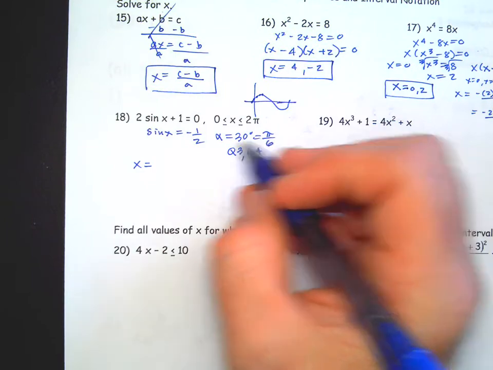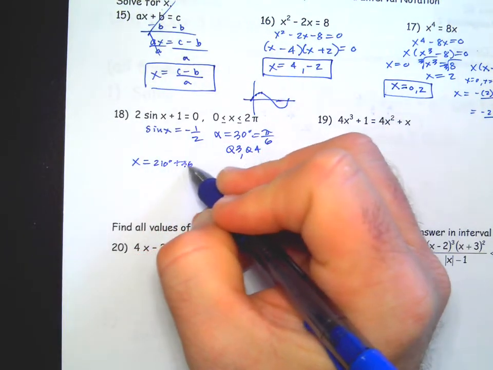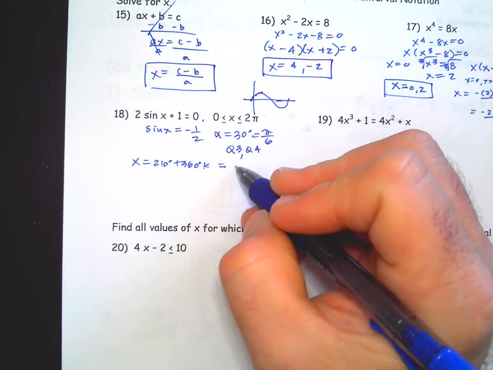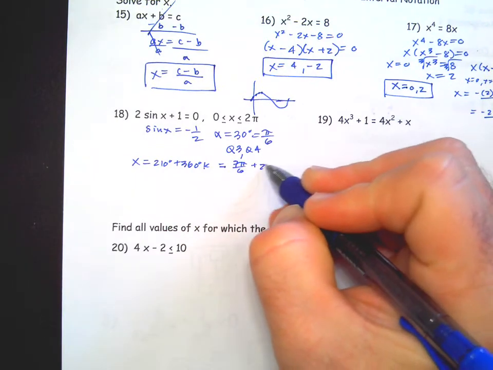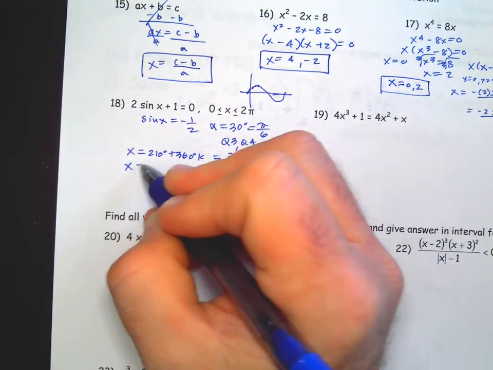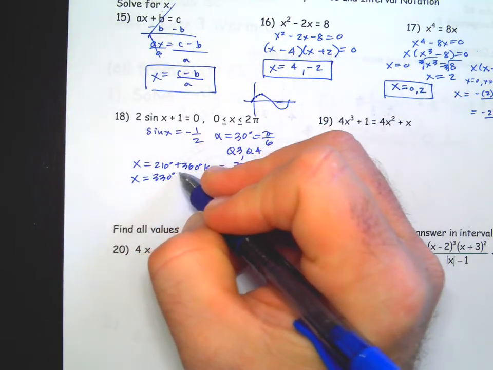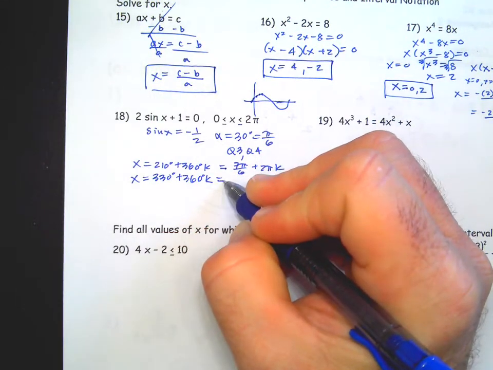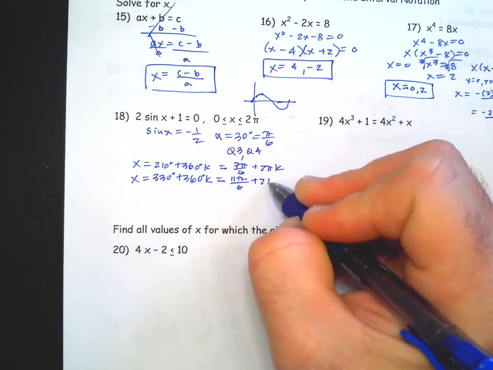All right, quadrant 3 would be 180 plus 30 is 210 plus 360k, or pi plus pi over 6 is 7 pi over 6 plus 2 pi k. Quadrant 4 would be 360 minus alpha, so 330 degrees plus 360k, which would be 2 pi minus pi over 6, which would be 11 pi over 6 plus 2 pi k.